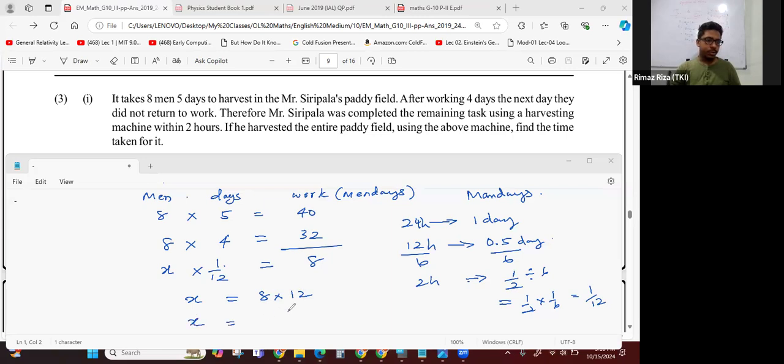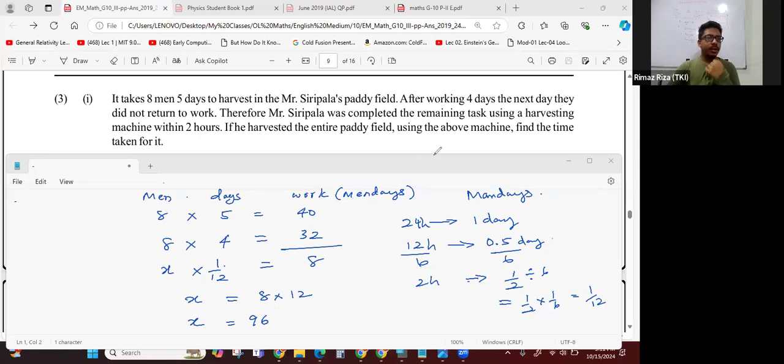So x equals 8 into 12, which is 96. So one machine is equivalent to 96 men.